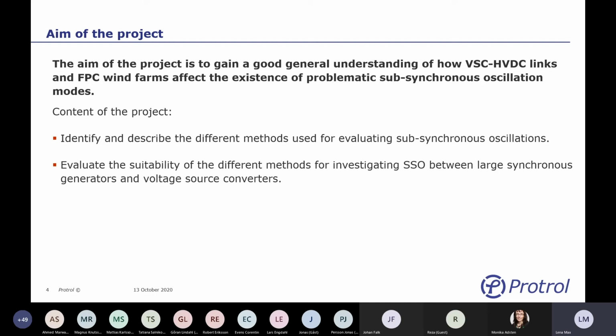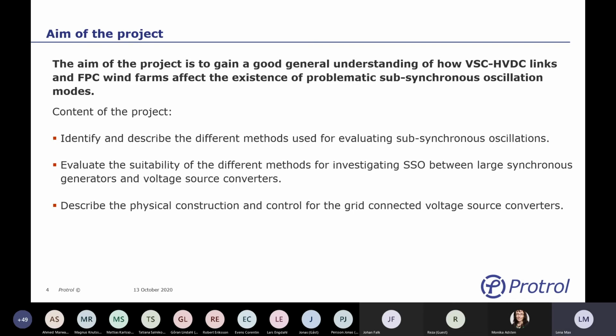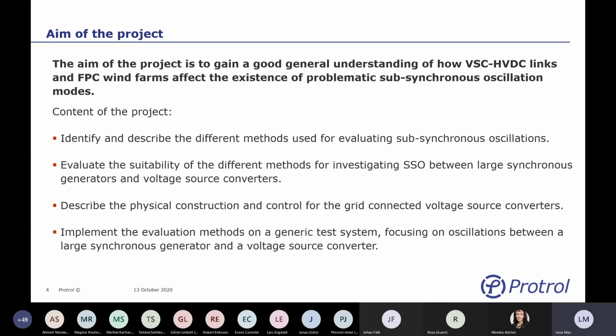The suitability of these methods will be evaluated for investigating subsynchronous oscillations between large synchronous generators and voltage source converters, which is the focus of this project. There will also be a more detailed description of these grid-connected voltage source converters to better understand their function and the possible interaction. In the end, the method will be implemented on a generic test system, focusing on the oscillations between large synchronous generators and voltage source converters.